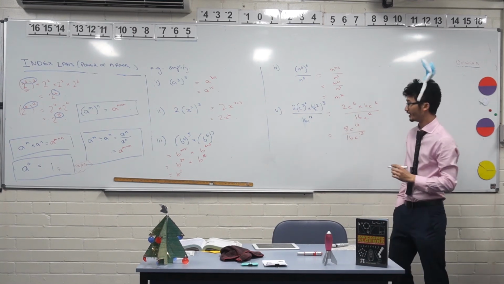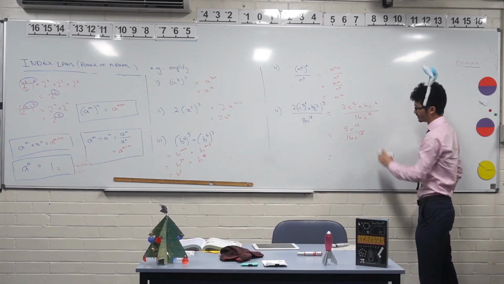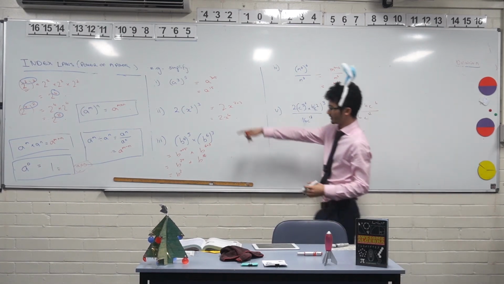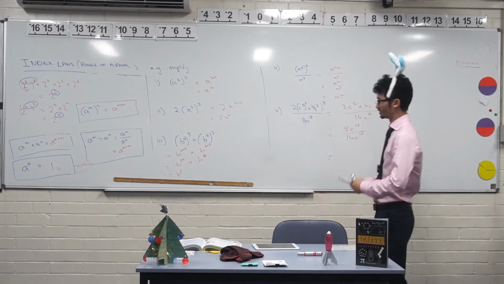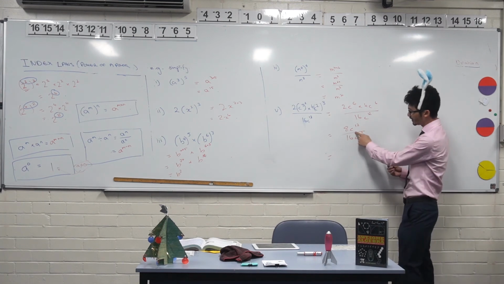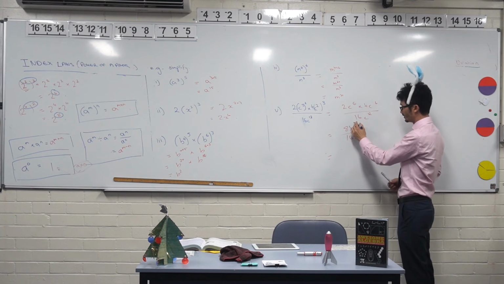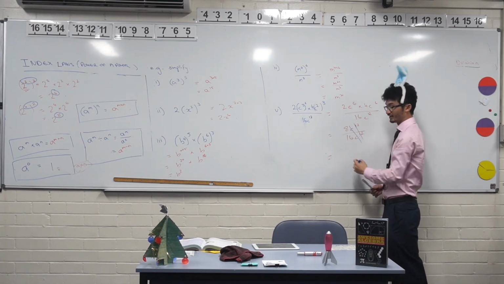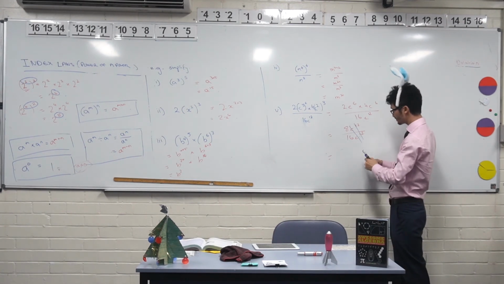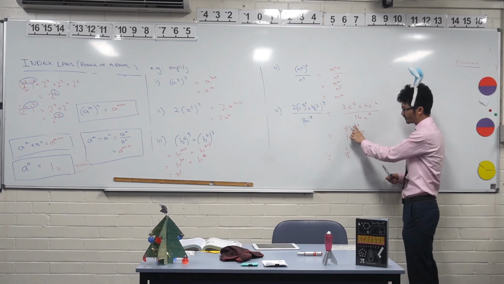And this is what I meant by incorporating lots of different index laws, because c to the power 12 divided by c to the power 12, well, if you use your index laws, you'd recognize that that just becomes c to the power 0, which is just 1, or you can just think about, hang on, these are literally the same thing. They just divide through. So this whole thing would divide through, which leaves me with 8 on 16. And what's 8 on 16? That's just half.